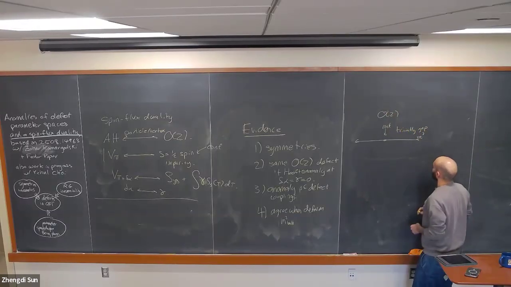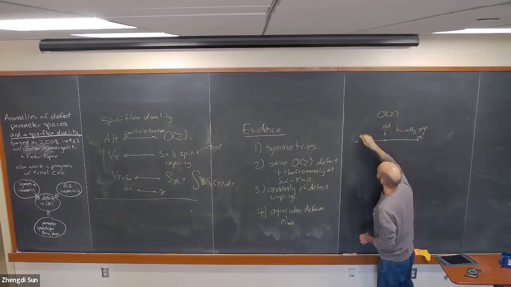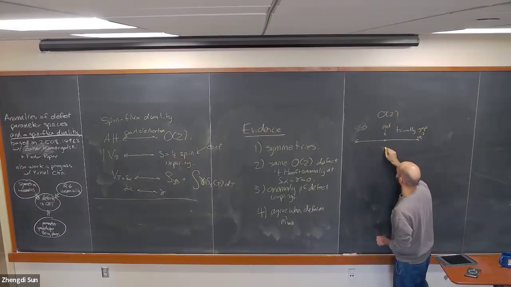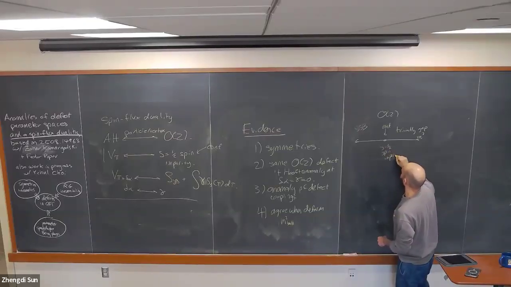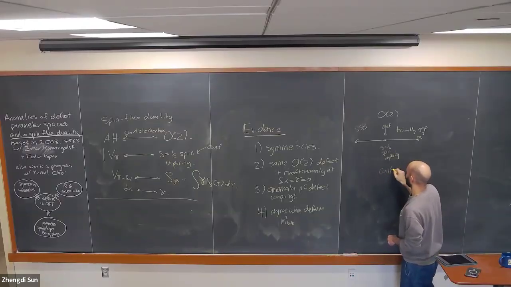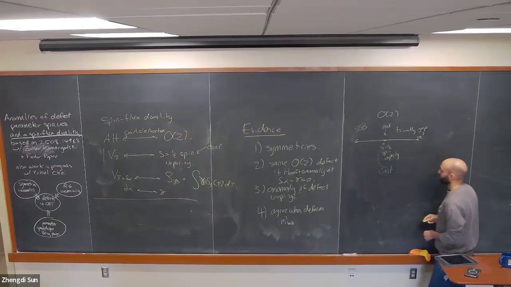And if we turn on a negative mass squared, then we spontaneously break the U1. The claim is that if you take this S equals 1/2 spin impurity, we argued that it's conformal at the fixed point.